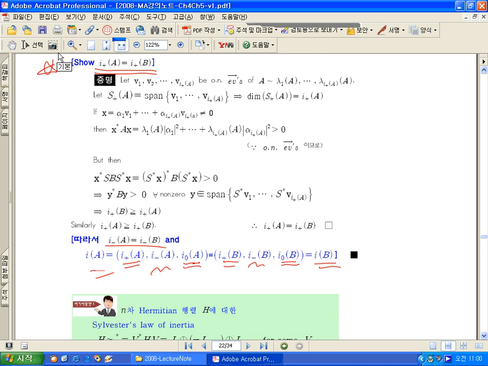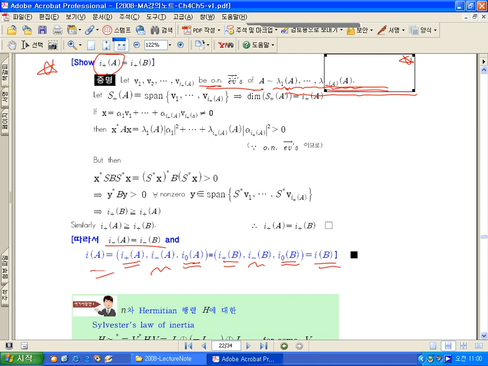Okay, now we start. Let V1 through V_{i+(A)} be the orthonormal eigenvectors of A corresponding to the positive eigenvalues of A. We have that many positive eigenvalues of A, so we can find the eigenvectors, and also the orthonormal eigenvectors.